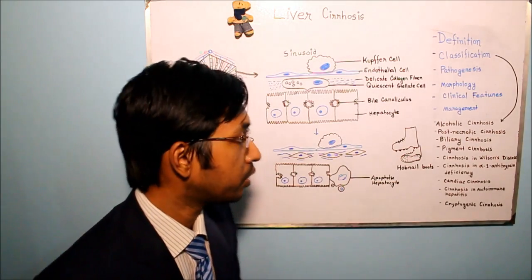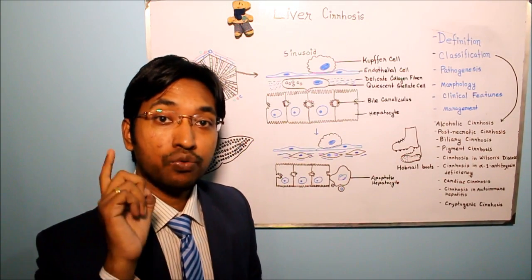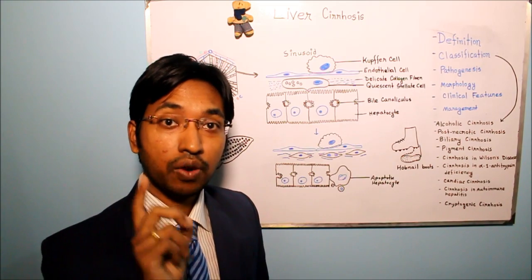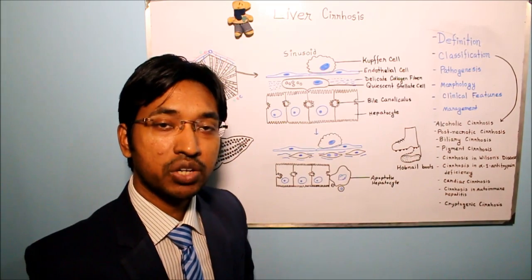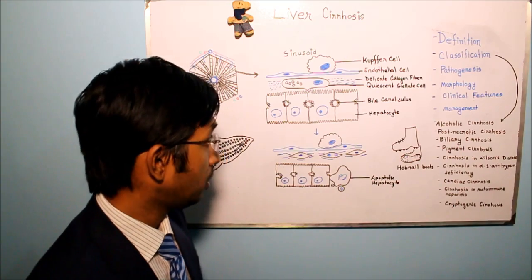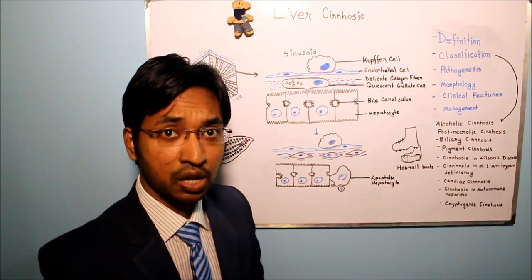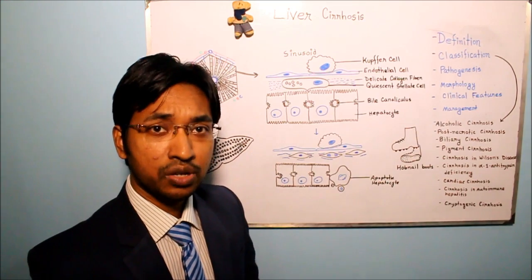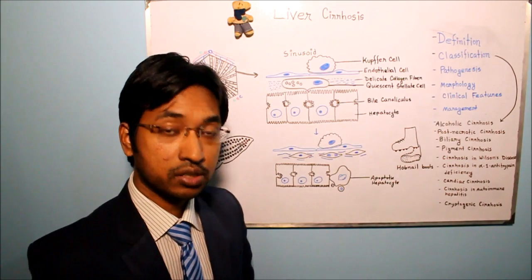Always remember, these hepatic stellate cells have a very important and vital role in the pathogenesis of liver cirrhosis, because these cells will be responsible for fibrosis. When they are inactive, their function is to act as lipid storing cells.